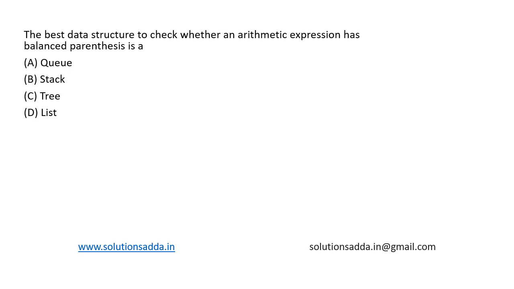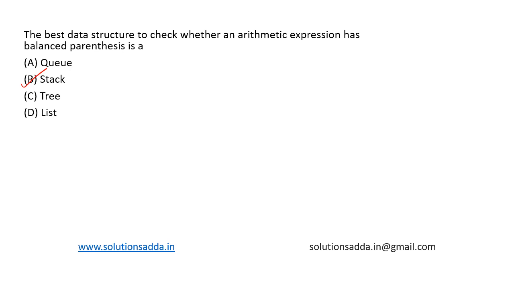This is a question from data structures. The best data structure to check whether an arithmetic expression has balanced parentheses is, and four options are given: queue, stack, tree, and list. The correct answer is option B, stack. Stacks can check equal pairs of balanced parentheses efficiently.